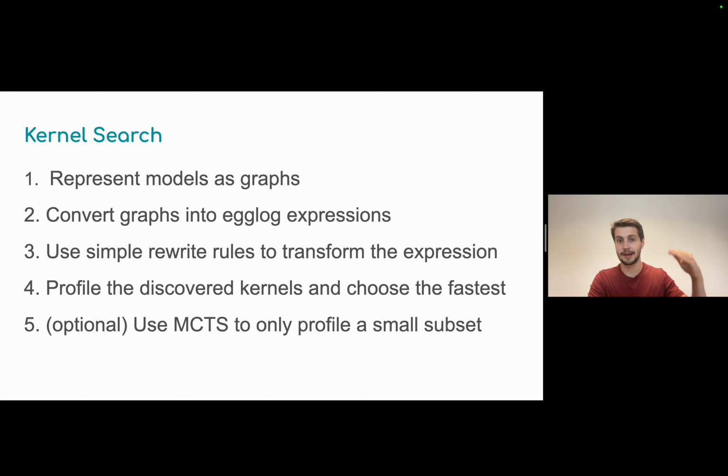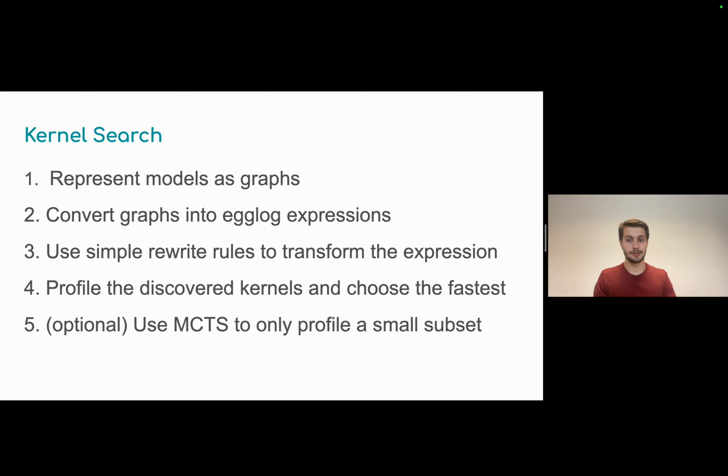We specify 20 or 25 different rewrite rules. These rewrite rules are very, very simple. All they do is make a small alteration to a given GPU kernel. And we know that the output is logically equivalent. We don't know if it's necessarily faster or slower, but we know it's logically equivalent, so it adds to our search space.